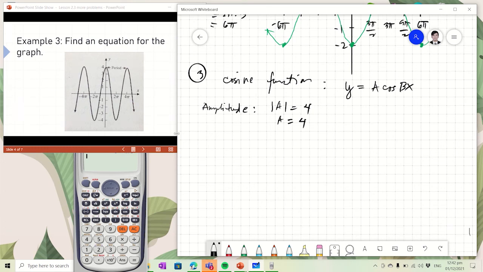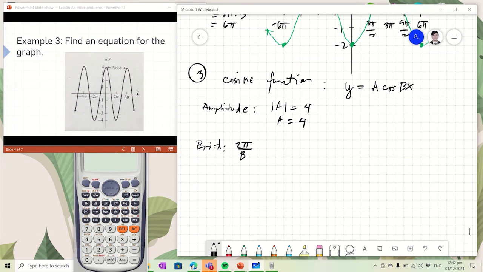And then, yung kasunod naman, yung period. Yung period natin, formula is 2 pi over b. And, sa nakikita ninyo, yung parang isang period is nandito from 0 until 4 pi. And the rest, inuulit-ulit na lang.